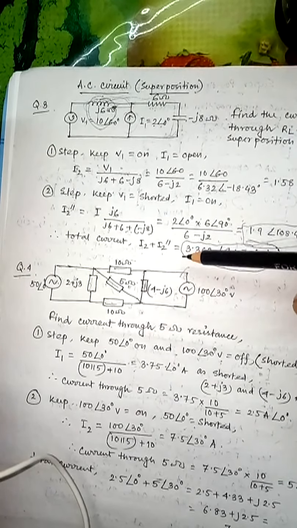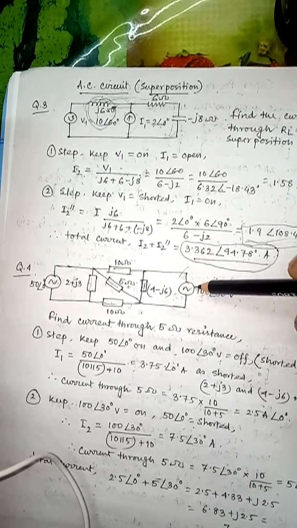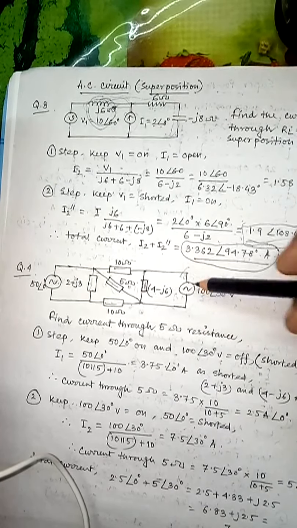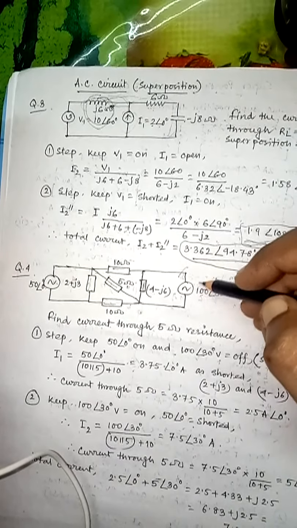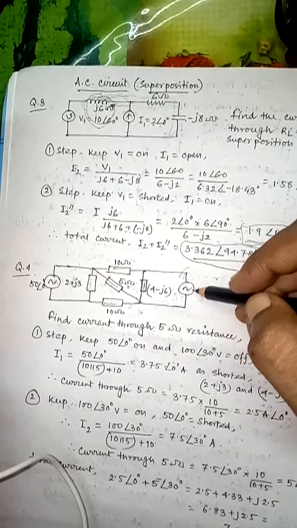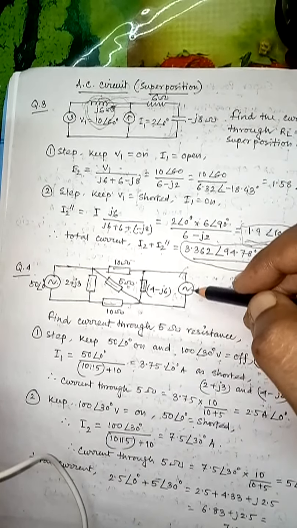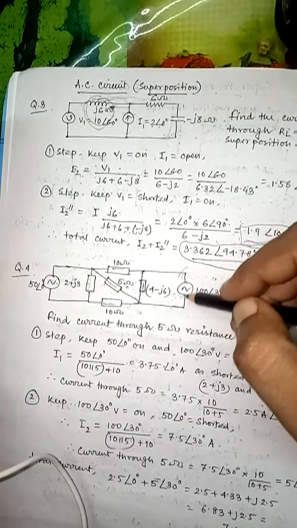Generally that is not a current source, that is a voltage source, because in AC the symbol is this. So using superposition, the voltage source must be shorted like this.